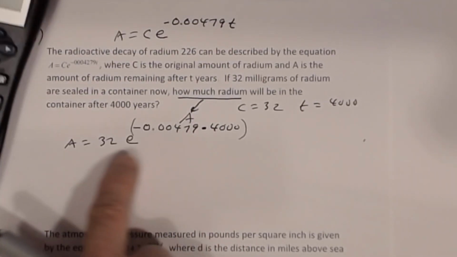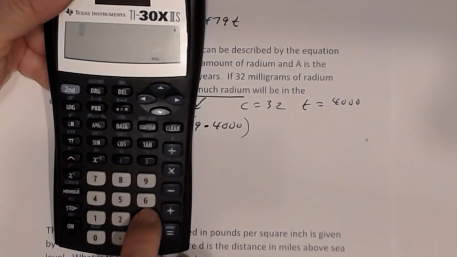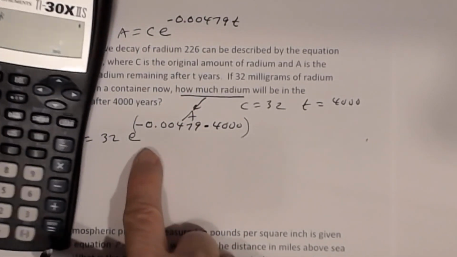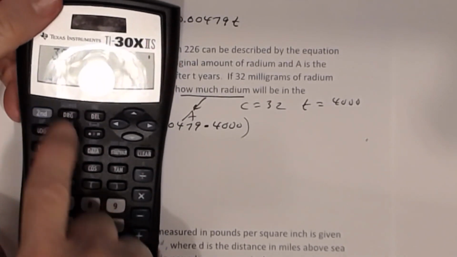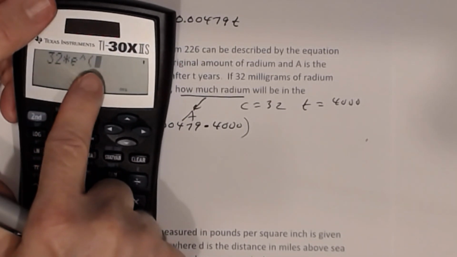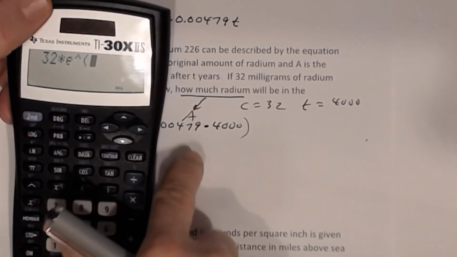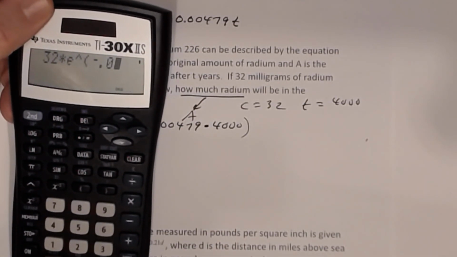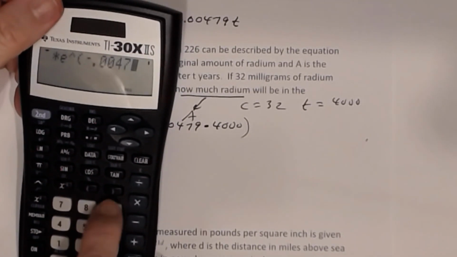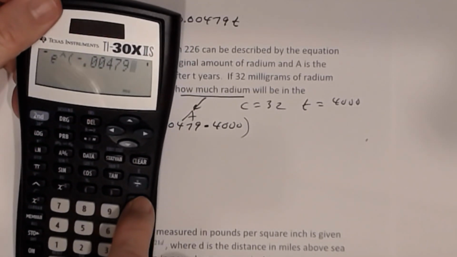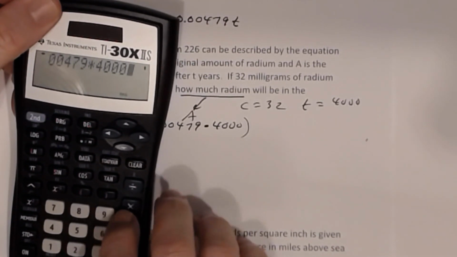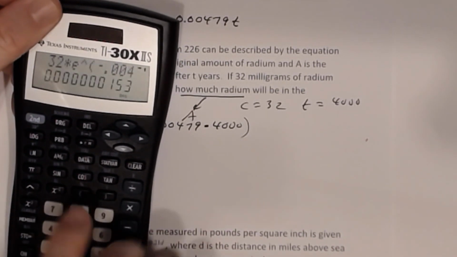All right, so you're going to say 32 times E, so second ln. Okay, see right here. And then it automatically puts a parentheses for you. So you're going to say negative 0.00479 times 4,000. Close the parentheses, and then press equal.